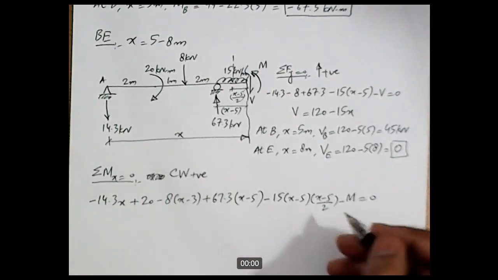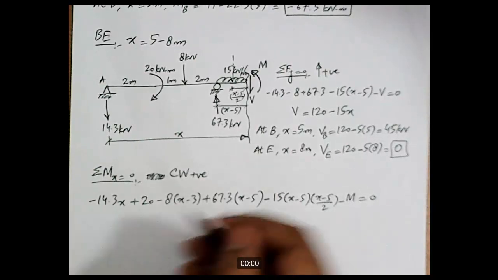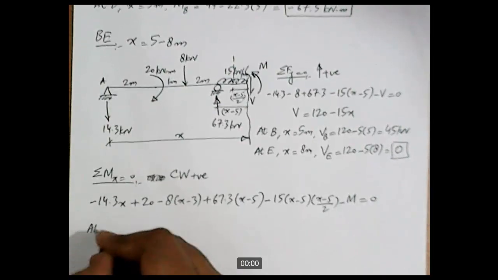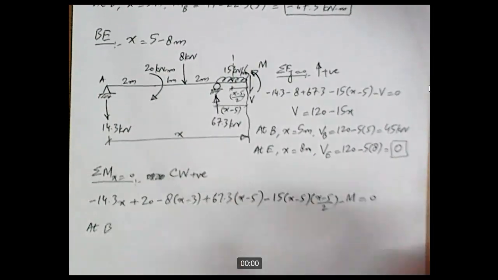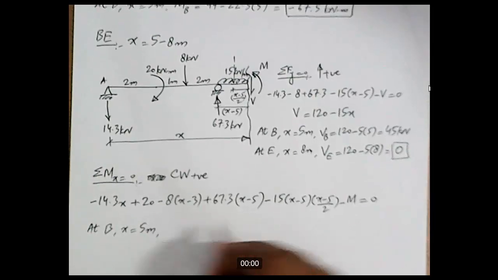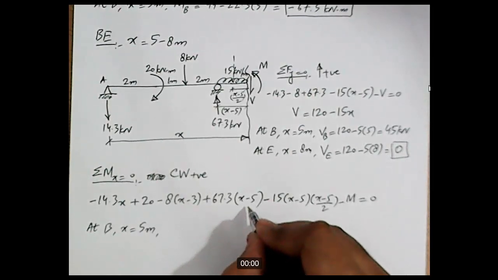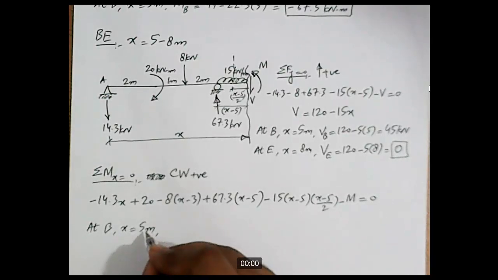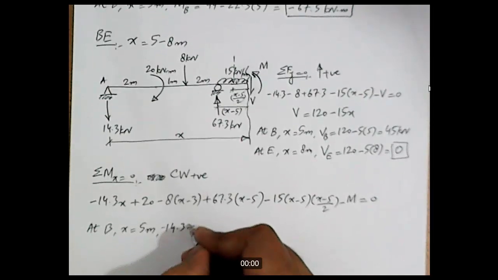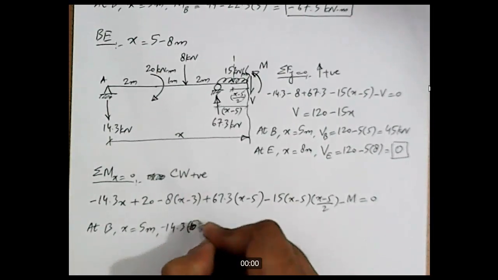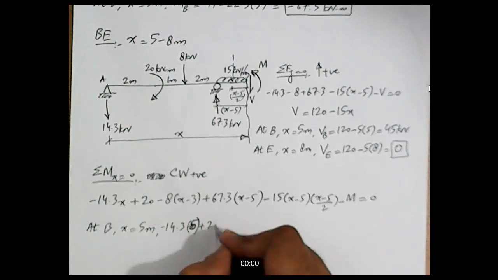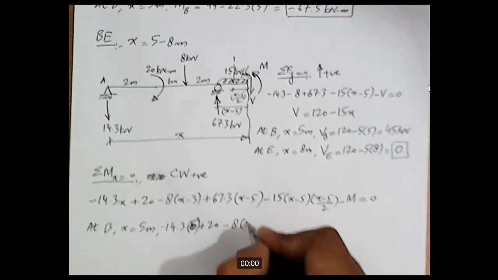I will not simplify this, because that will involve more calculations, and we can avoid that. At B, x is equal to 5 meters. So all the terms in which we have x minus 5 will become 0 when we put x equal to 5. So minus 14.3 into x, x is 5, plus 20 minus 8 into 5 minus 3.